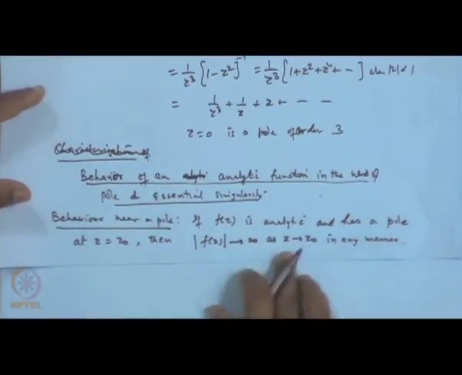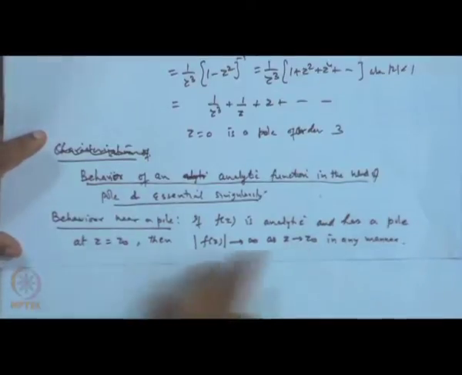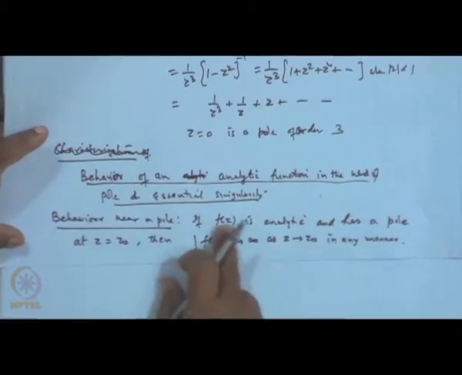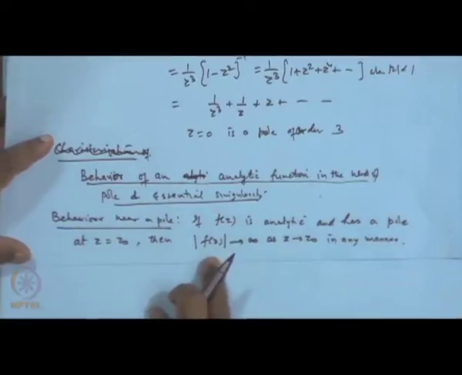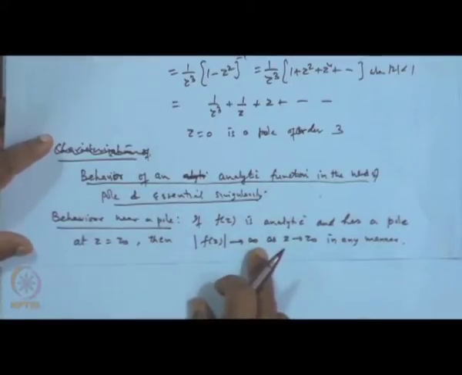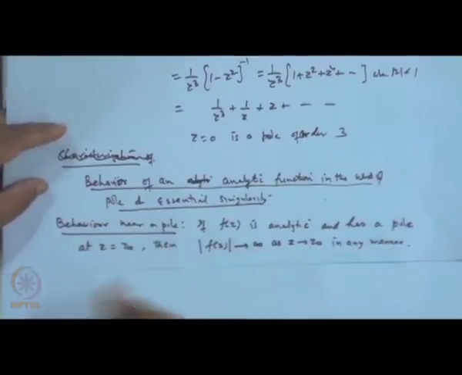It means whatever path you choose which approaches z naught, the modulus of f z will go to infinity. That is if z naught is a pole.